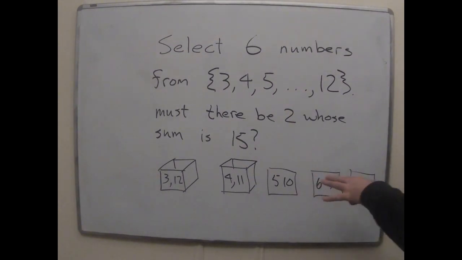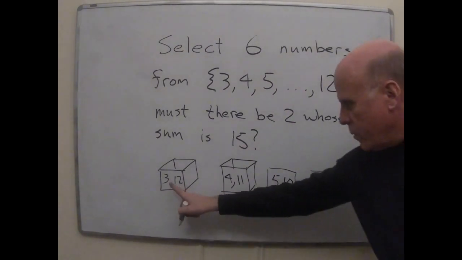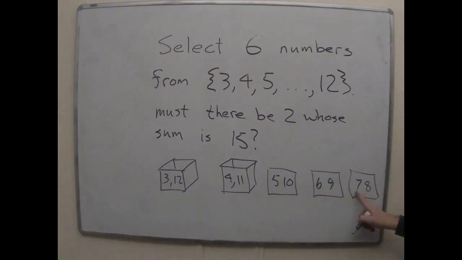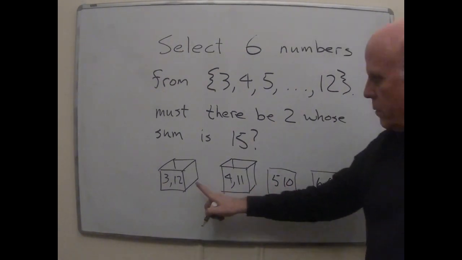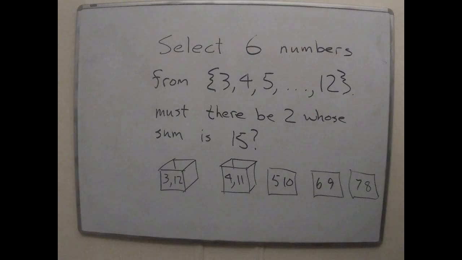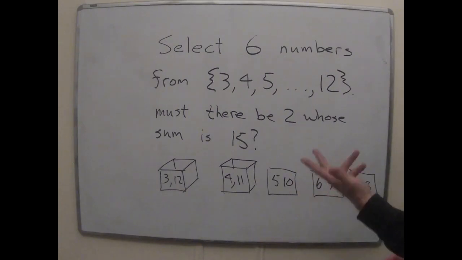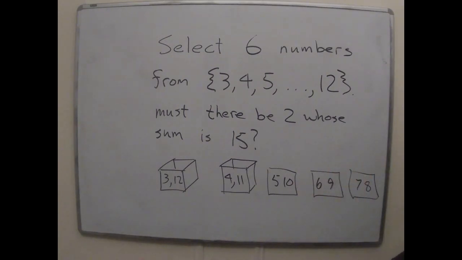So all the numbers are taken care of, right? 3 through 12. So every number is going to go into one of these. If one of these containers has got 2 things in it, though, we've found 2 things that add up to 15. So this idea of engineering the boxes so that it does the thing you want is kind of clever, and makes nice use of the pigeonhole principle.